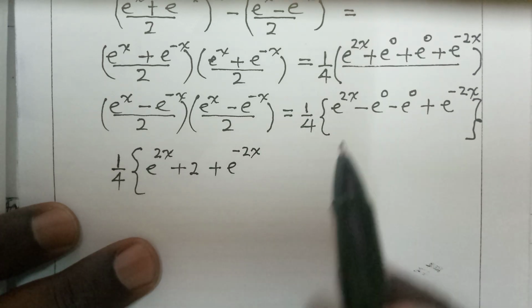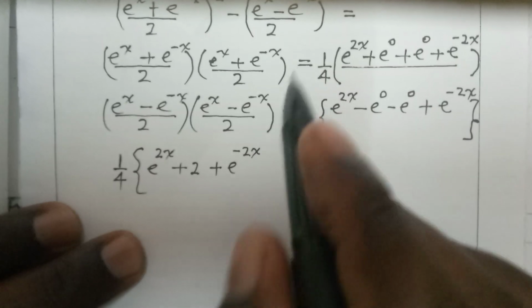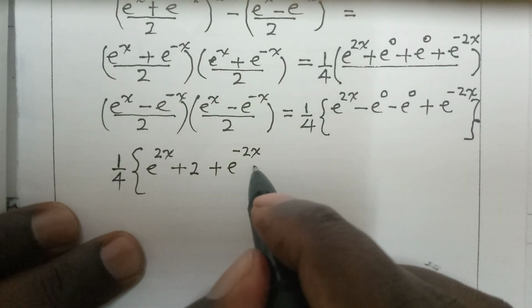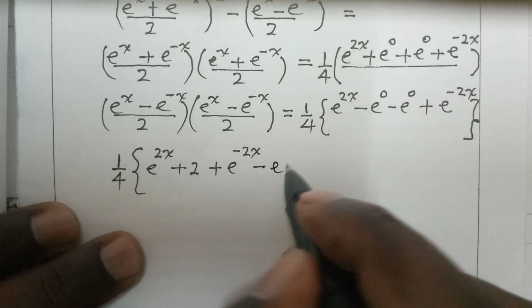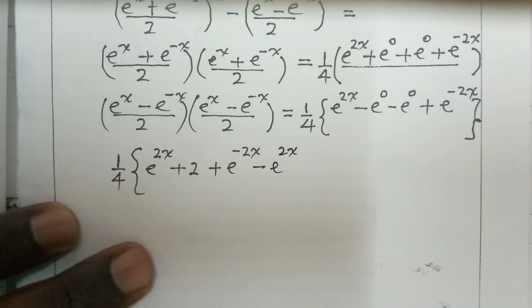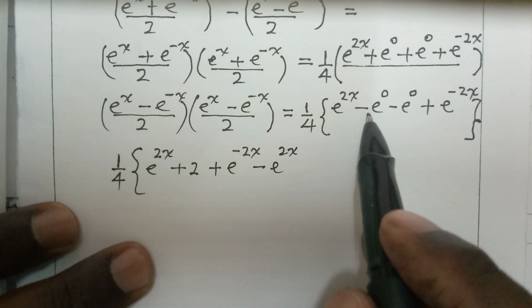Then we have factored out 1/4. So we continue. We'll say minus. So minus here e raised to 2x, like that. Then because of this minus, this is going to be plus.